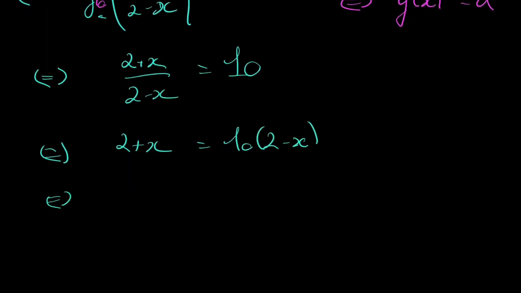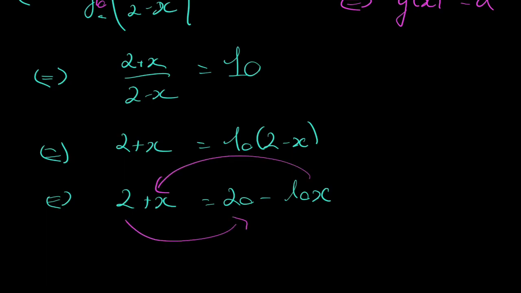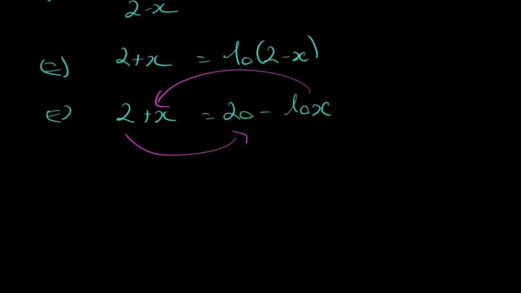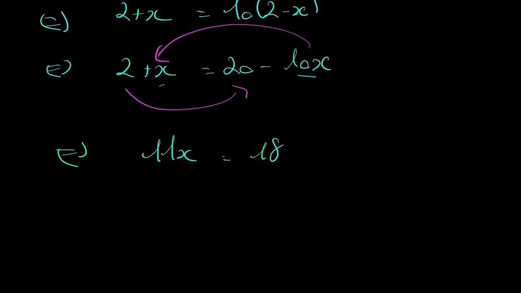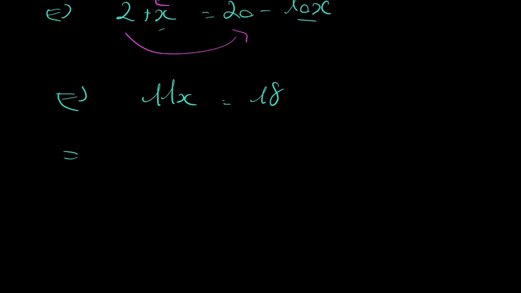Developing the right side, we've got 2 plus x is equal to 20 minus 10x. We can put the 2 on one side and the 10x on the other side, and we've got 11x is equal to 20 minus 2, which is equal to 18. And this is equivalent to x is equal to 18 over 11.